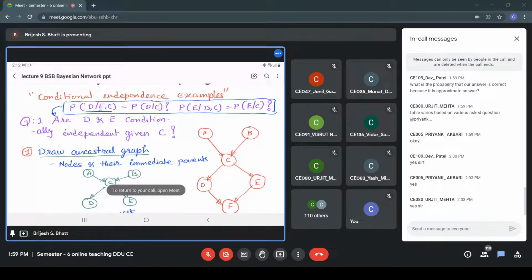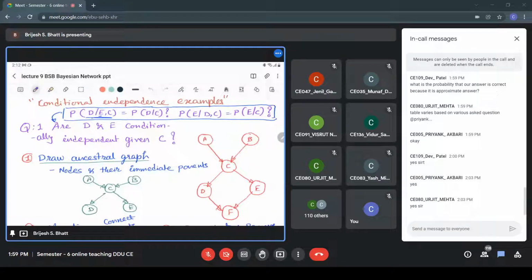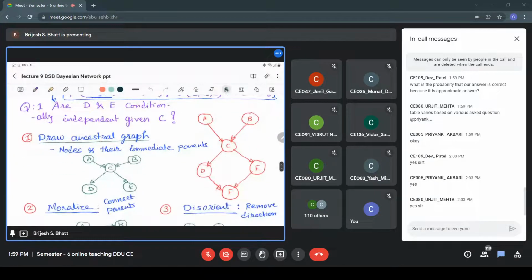So let's say, given this graph, the red graph, we are asking a few questions about independence of these random variables. So first question is, are D and E conditionally independent given C? Before we answer, first let us understand what it means.